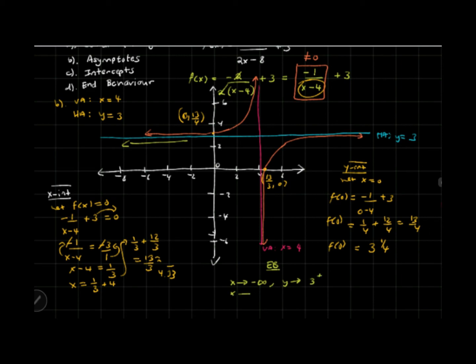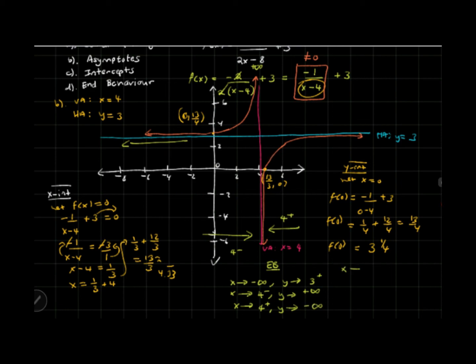Right? Now, in the other case, as x approaches the vertical asymptote, the vertical asymptote being 4, from the left side, you can see that y gets closer and closer. You can see that the graph is going to go closer and closer to infinity. It'll extend all the way to infinity. Okay, and as x approaches 4 from the left side, that's one case, but if it approaches the vertical asymptote from the right side, 4 positive, you can see that it's extending, and y actually approaches negative infinity.